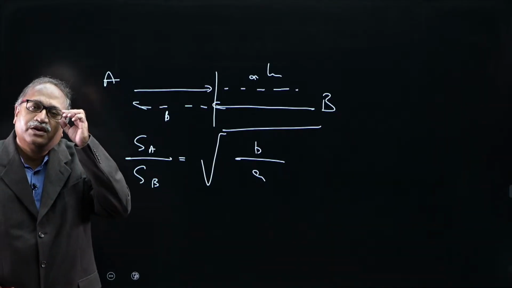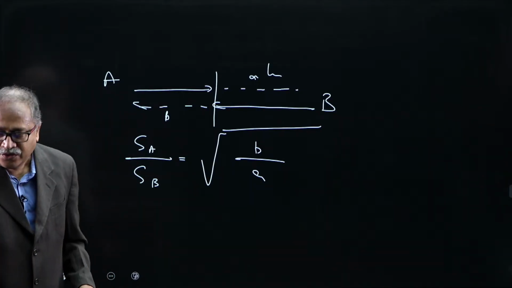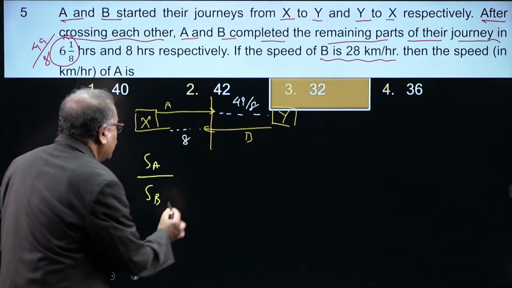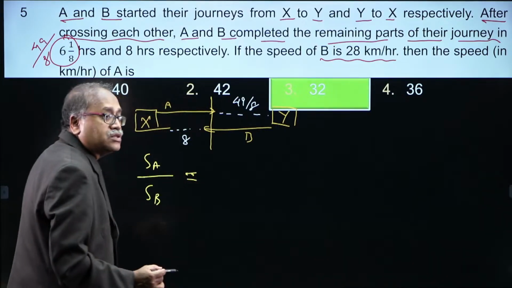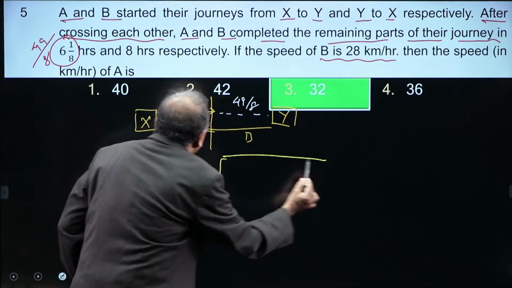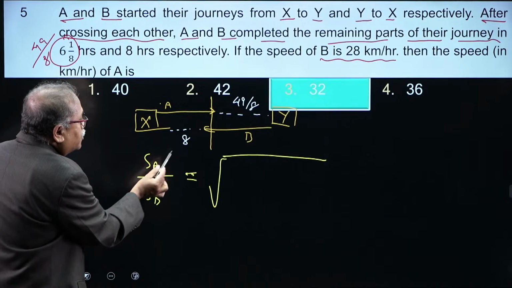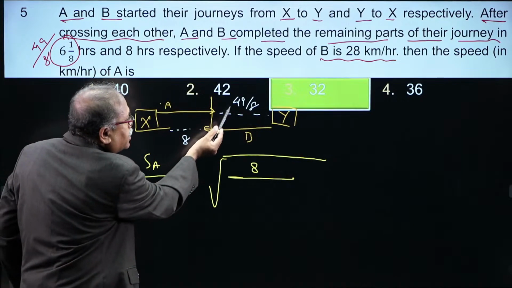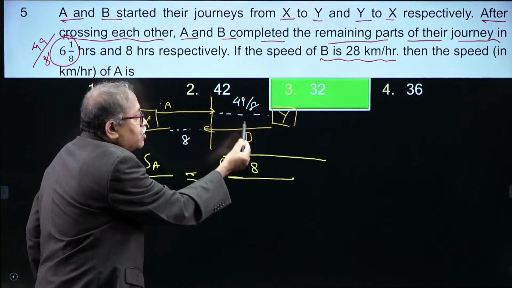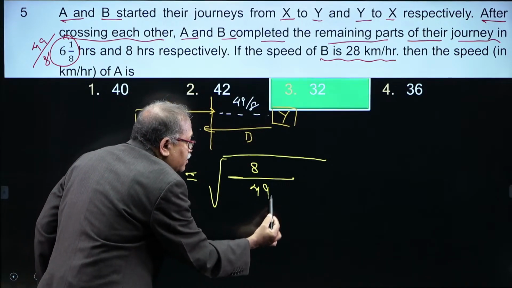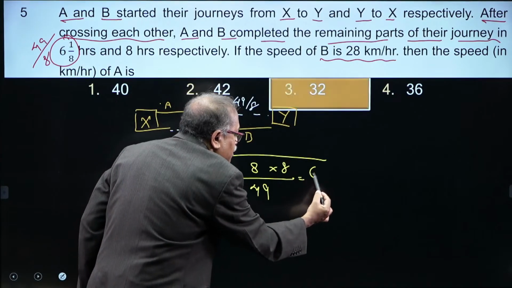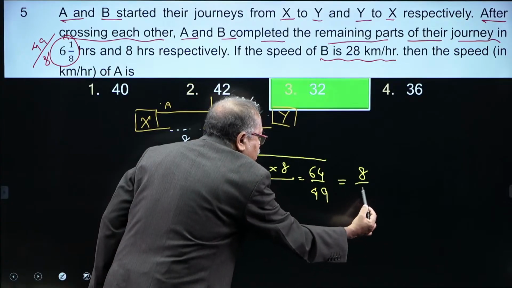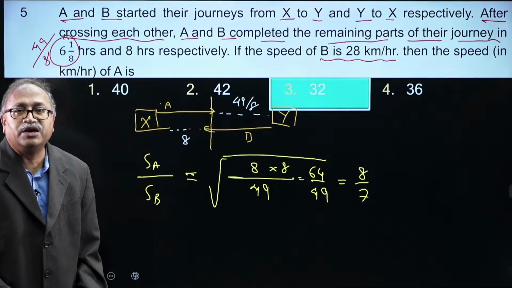I am going to use this formula, Mr. Abdullah and Appalnaidu. So, look at this part. Here this ratio is equal to the square root of, for A I have to take this 8, and for B I have to take A's time after crossing, that is 49 by 8, which is nothing but 64 by 49, and which is nothing but 8 by 7. This is the speed ratio of A to B.